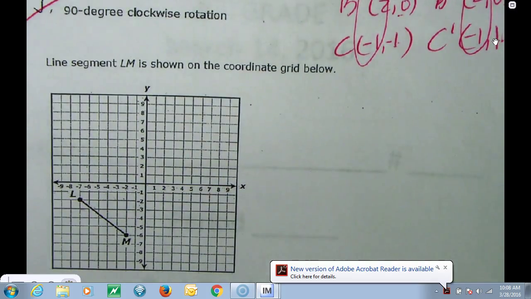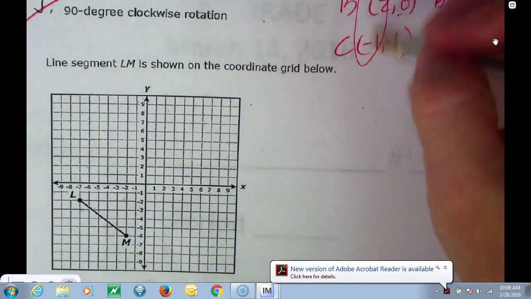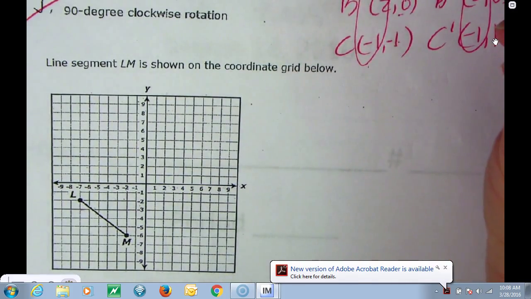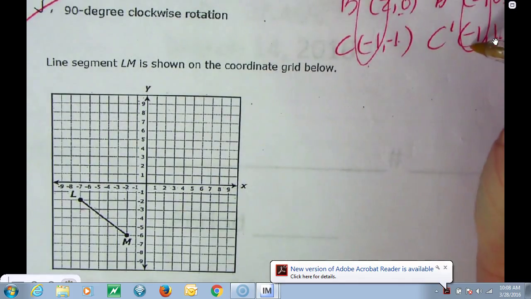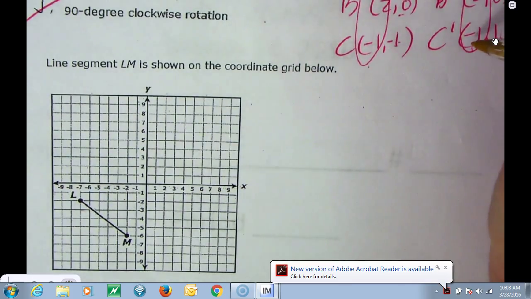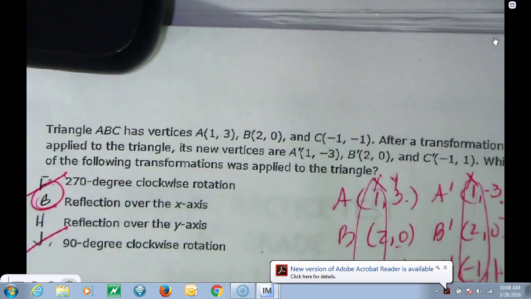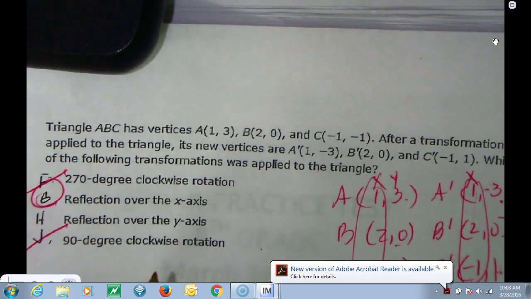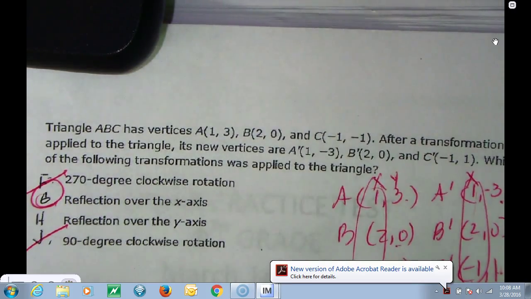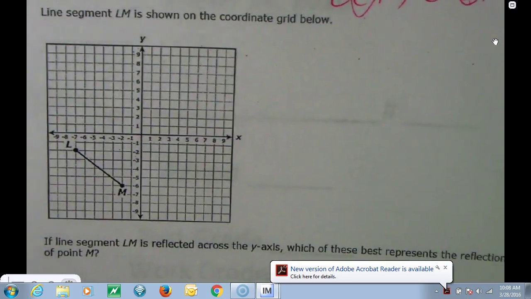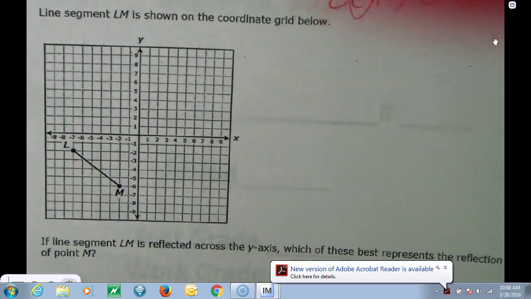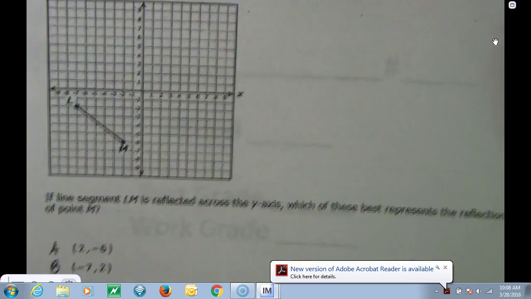But I'm thinking, oh, I remember if I am going over the x-axis, what stays the same? X's. When I reflect or flip over the x-axis, the x stays the same. But you people that went down there and put it on that was smart. Because I didn't give you a grid paper. I should have.